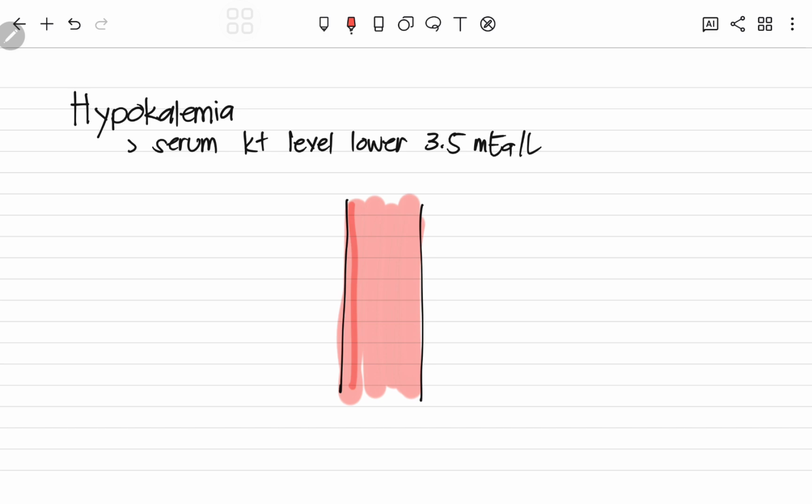So it's the most abundant intracellular cation. Ibig sabihin positively charged siya, and majority of your potassium are actually located inside your cell. That's why it's a cation. It's the most abundant intracellular cation.